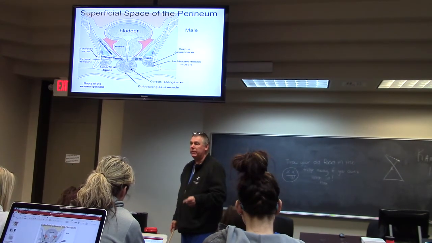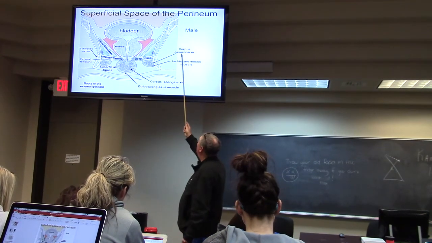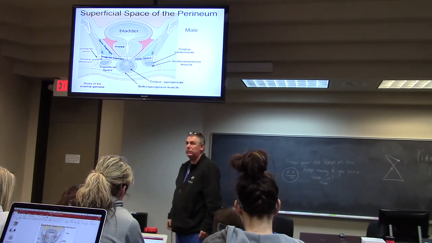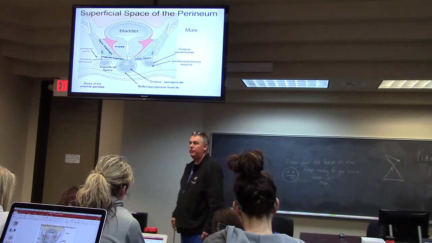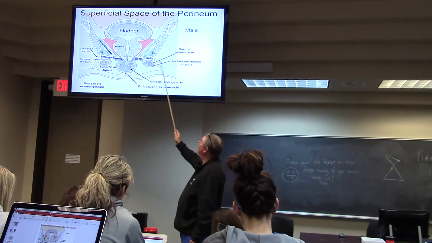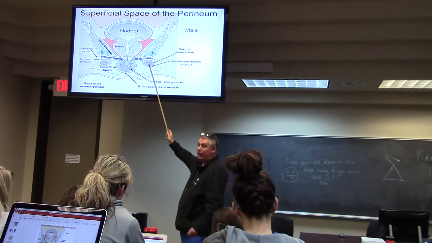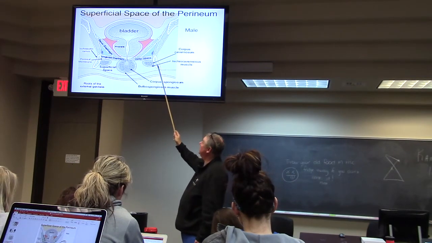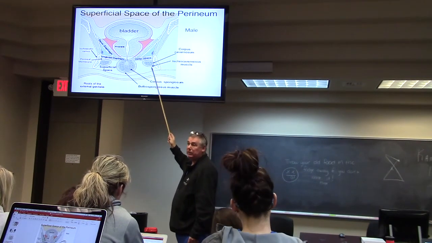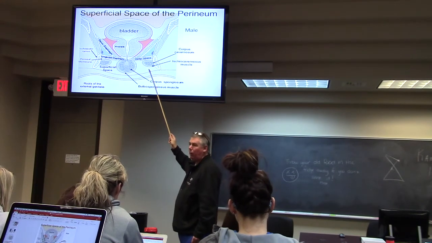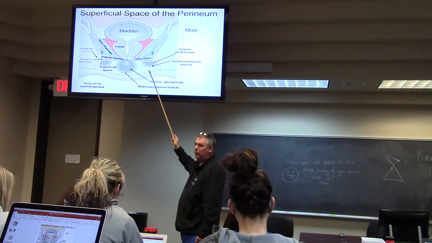Around the corpus cavernosum is a muscle called the ischiocavernosus. Corpus means the body, the erectile body. Ischio because it's connected to the ischial bone.